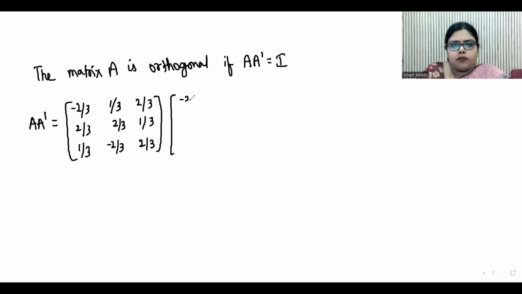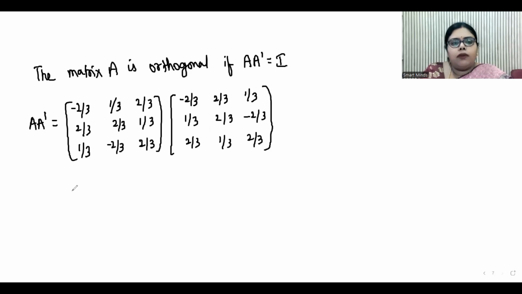What is A dash? Minus 2 by 3, 2 by 3, 1 by 3. Then 1 by 3, 2 by 3, minus 2 by 3. Then 2 by 3, 1 by 3, 2 by 3. We need to multiply this. How to multiply? First row multiply with first column.